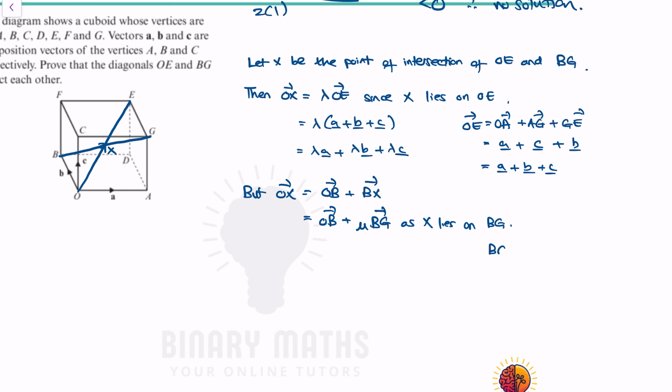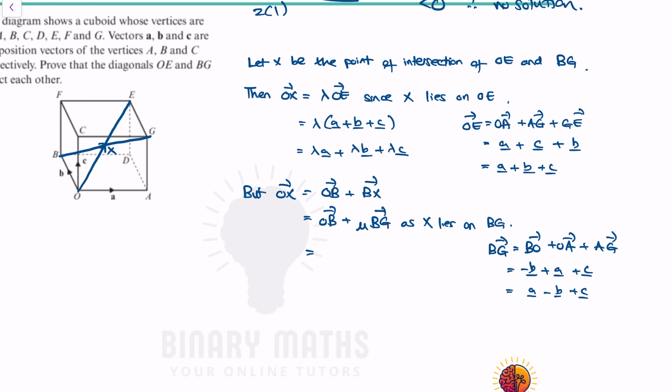Now BG is the same thing as BO plus OA plus AG, which is equal to minus b plus a plus c. If I rewrite it, it's a minus b plus c.